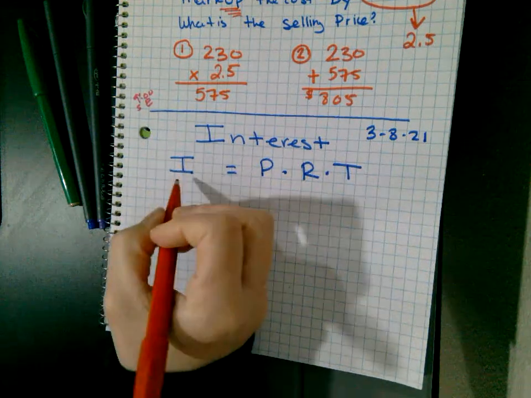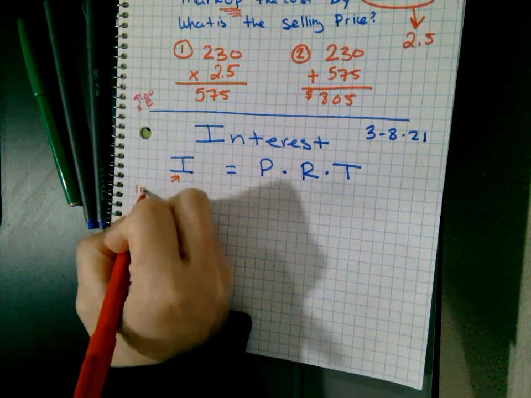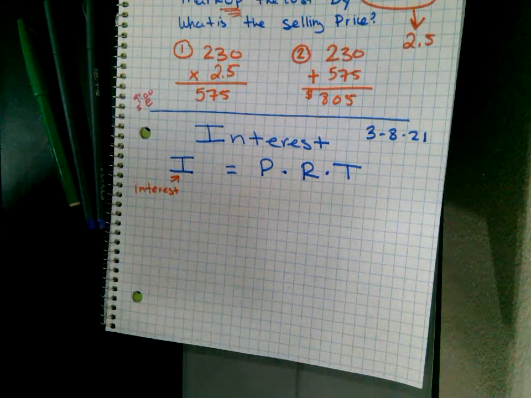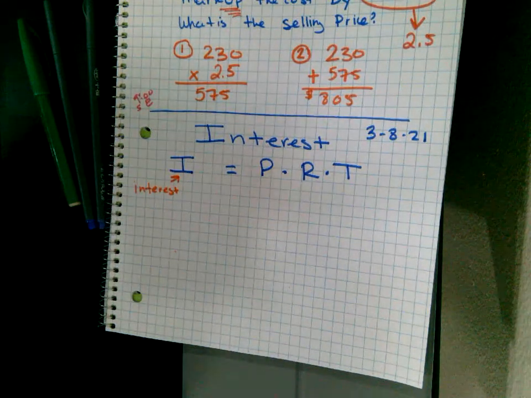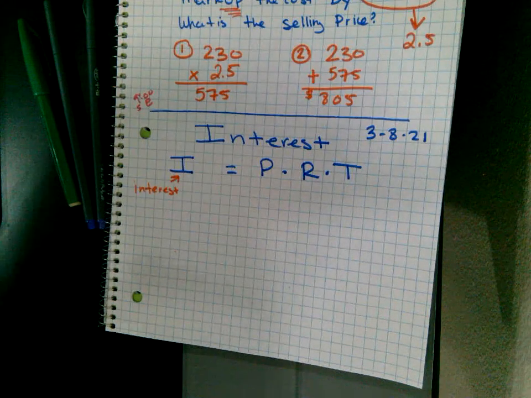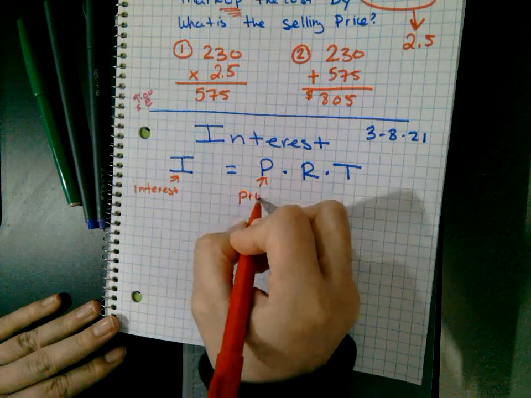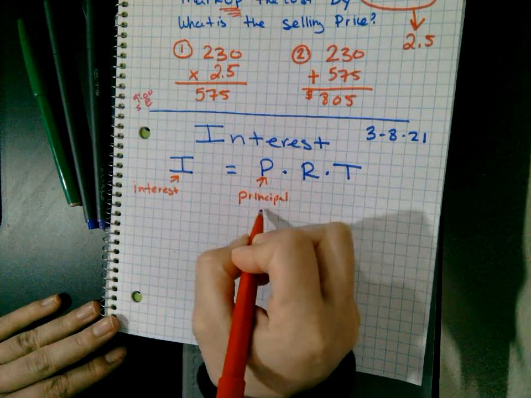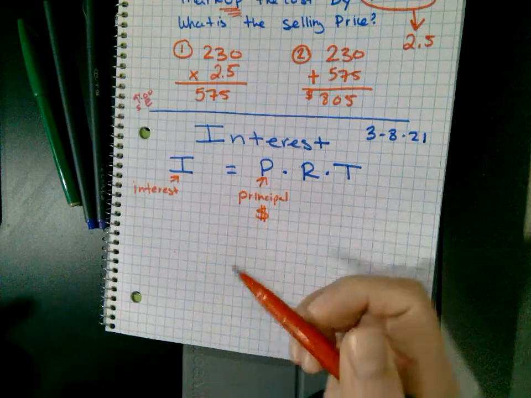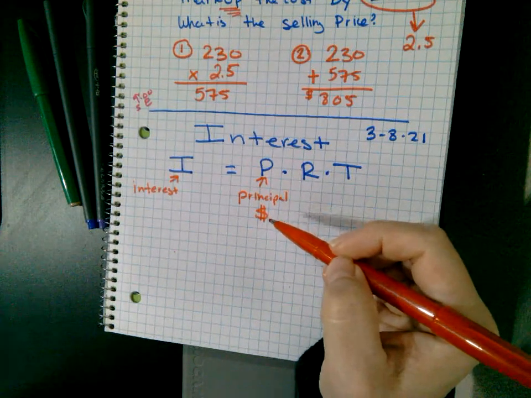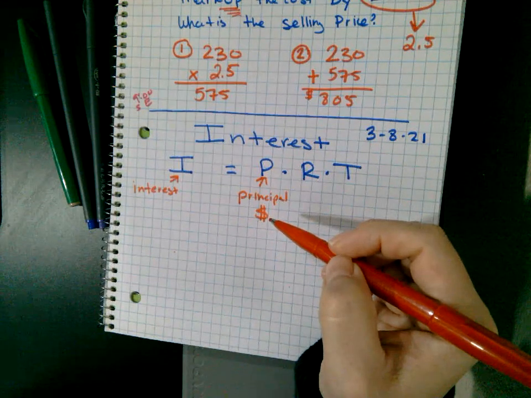The I stands for interest. The P stands for principal, but in money. So principal, not the person. Principal as in how much money did you borrow?